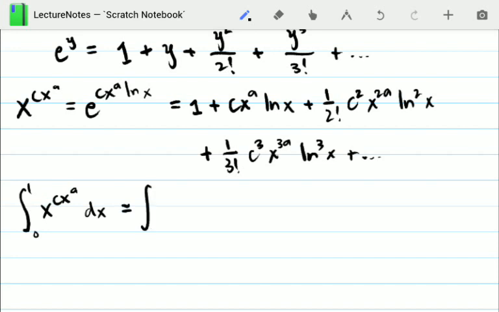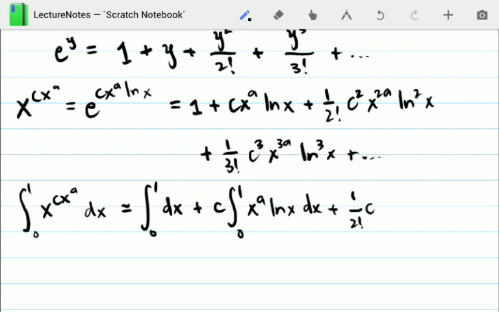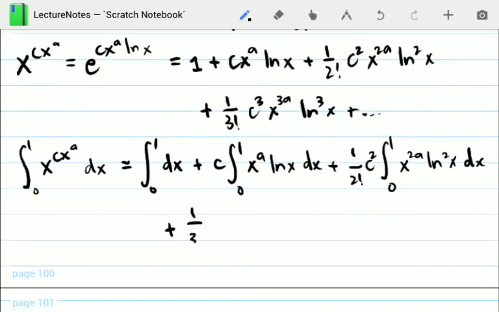So now you have the integral from 0 to 1 of dx, plus c times the integral from 0 to 1 of x to the a ln x dx, plus 1 over 2 factorial c squared times the integral from 0 to 1 of x to the 2a ln squared x dx, plus 1 over 3 factorial c cubed times the integral from 0 to 1 of x to the 3a ln cubed x dx, and so on.